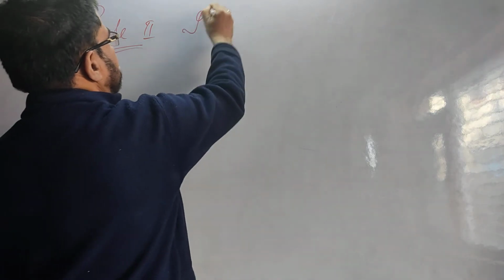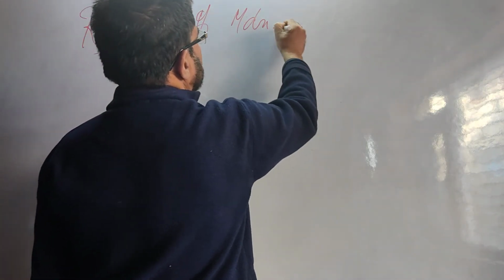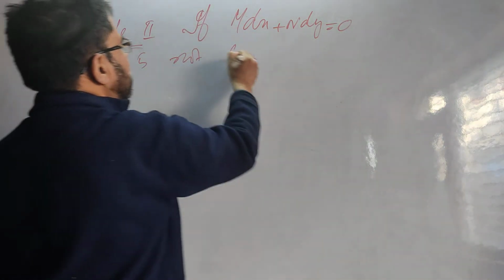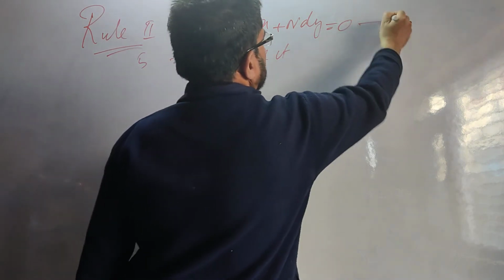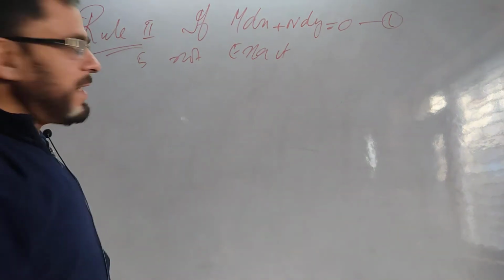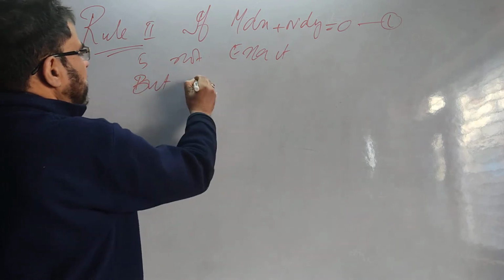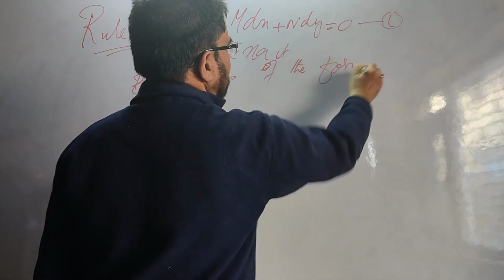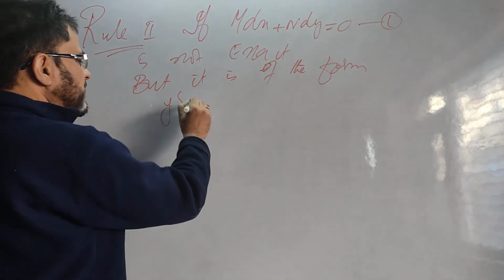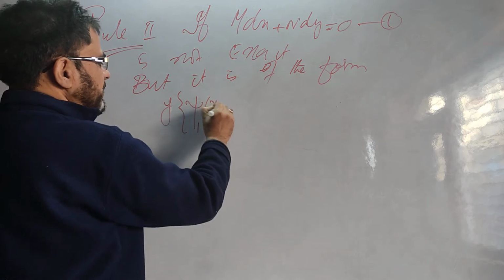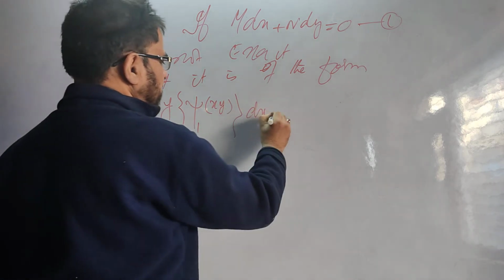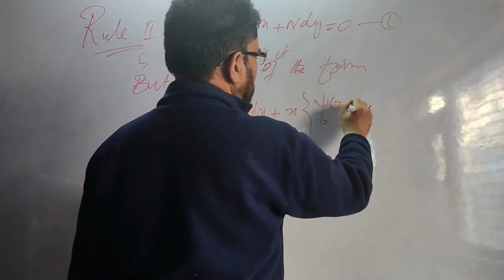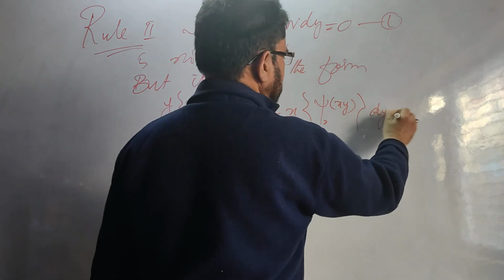It states: if m dx plus n dy is equal to 0 is not exact, but it is of the form y into some function, say psi 1 of xy, dx plus x times some other function, say psi 2, involving xy, into dy is equal to 0.